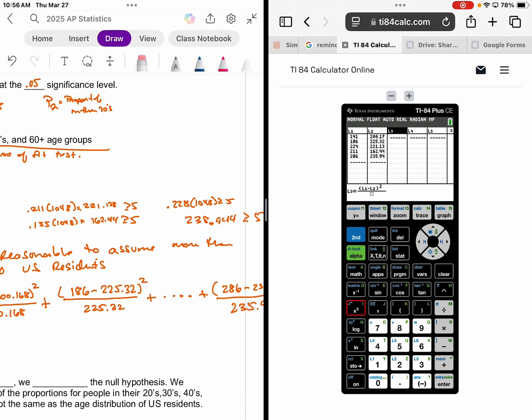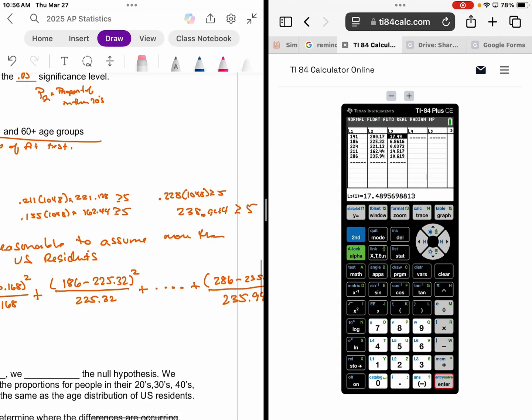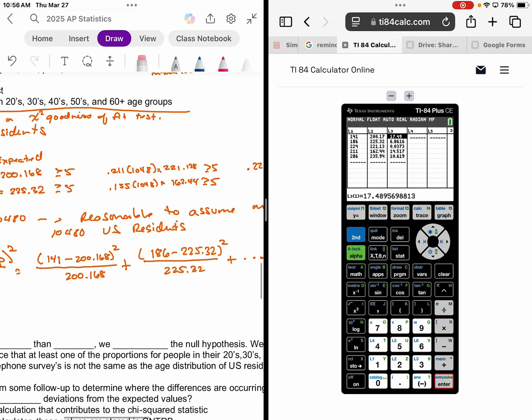There's my numerator. On the bottom, I'm going to put in L2. So I'm going to tell it in that third column to go ahead and do that fraction for me to speed things up so I don't have to type them in all the time. So now that I know I have it right, I'm going to hit enter. It gives me all the data there. So that's the answer to each one of those fractions.